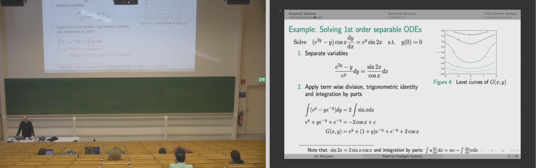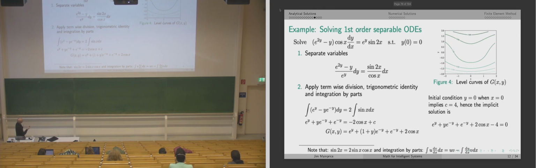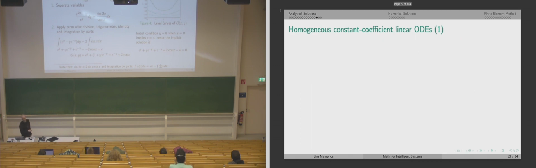So then we can just see which level curve satisfies our initial condition. And so it's about here. So when x is equal to 0 would be around here. We can then infer what the constant would be and fully specify the solution. Okay.